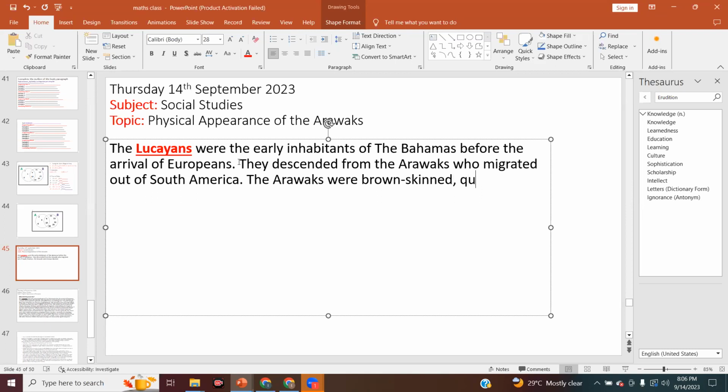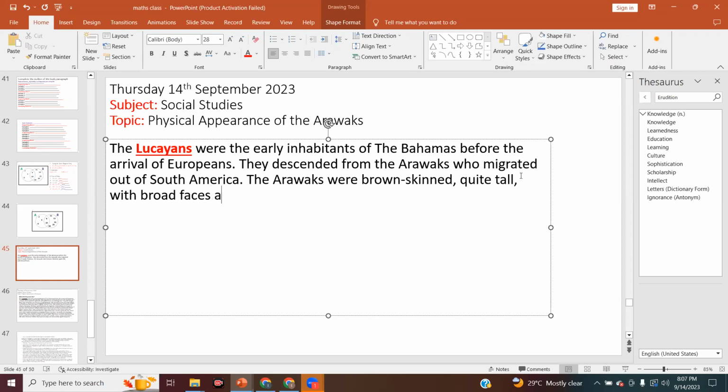Short or tall? Medium height? Gotta be between one of those. No, they were quite tall. Their faces, how would we describe their faces? They had broad faces.